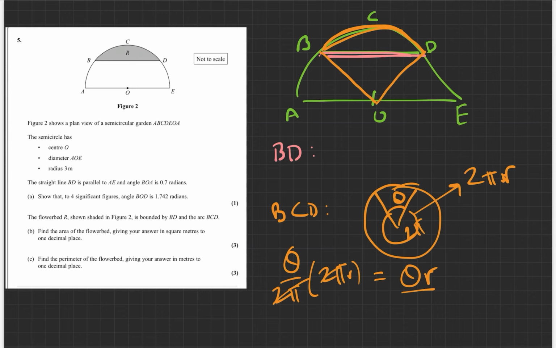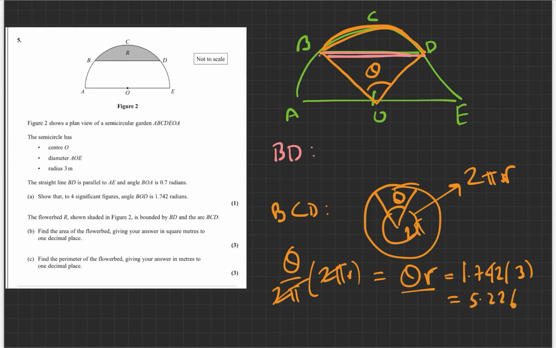So theta r, now we have all the information that we need. Our theta is this theta that we are talking about, right, which is 1.742. Multiply that by the radius and we get 5.226.